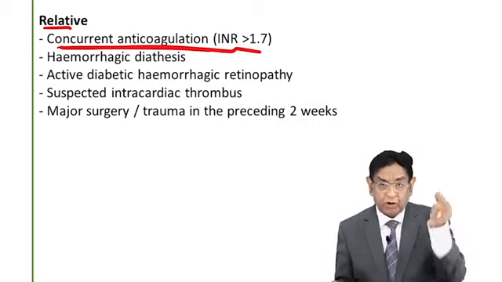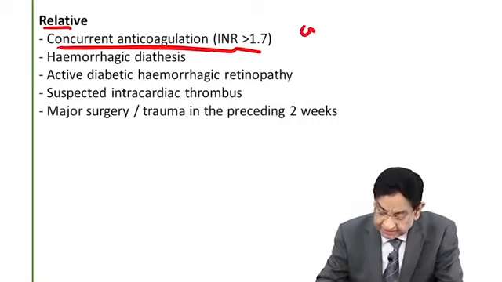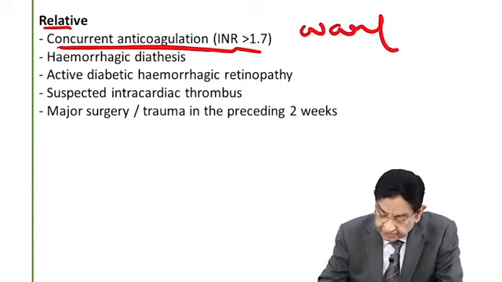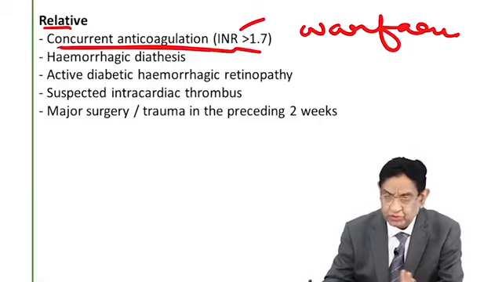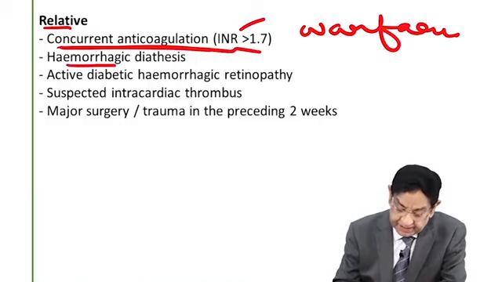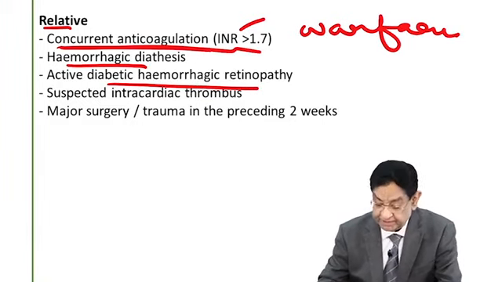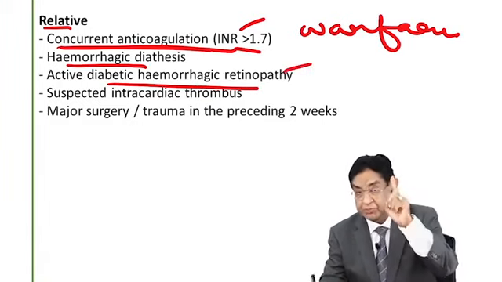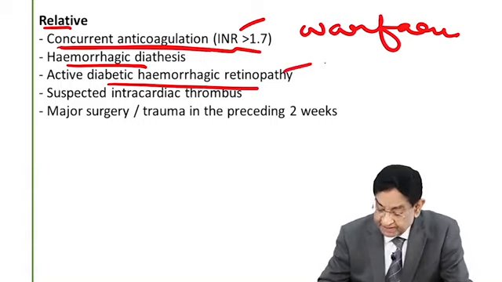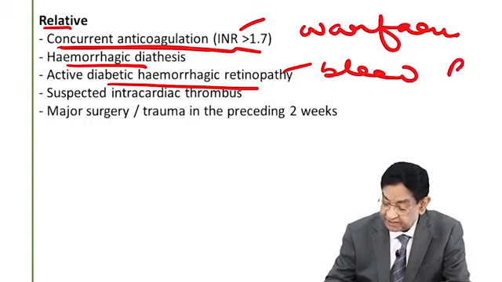Now relative contraindications include concurrent anticoagulation going on, INR more than 1.7. The patient is already taking warfarin and the INR is 1.7, don't do thrombolysis. Bleeding tendencies, hemorrhagic retinopathy, diabetic retinopathy should be ruled out because it can lead to bleeding and retinal detachment.